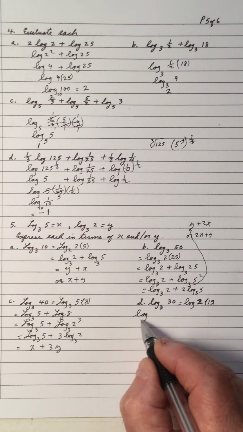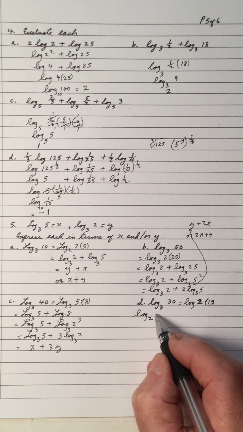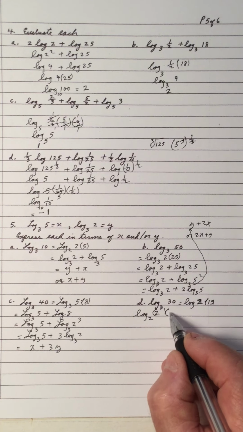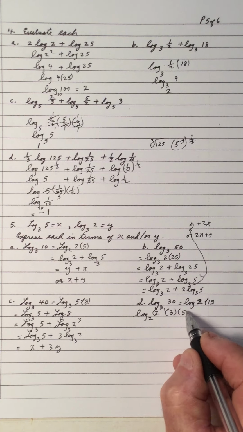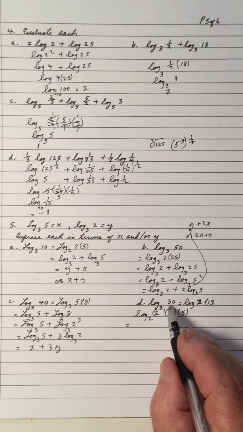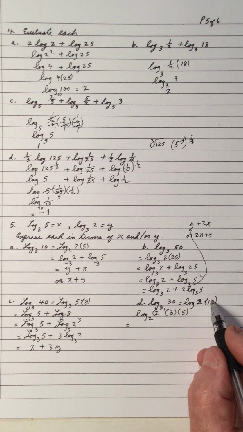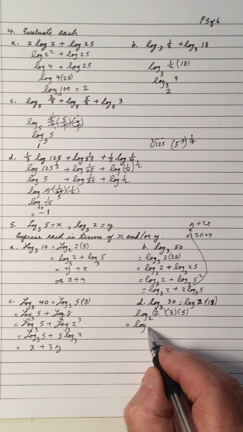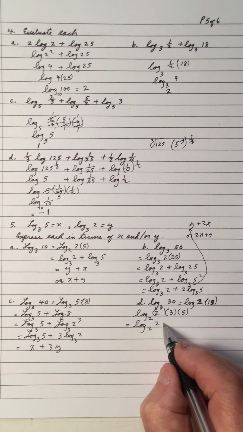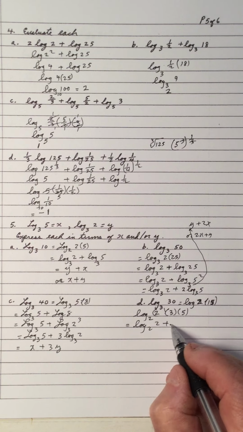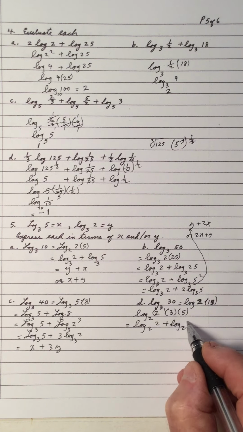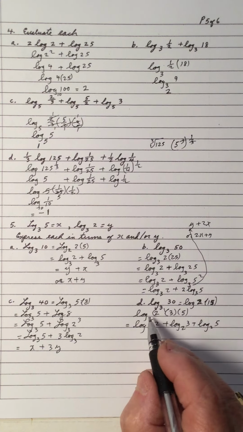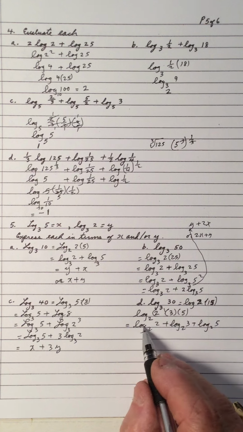So that's the log of 2 times 15. That's a 2 times 3 times 5. So we broke 30 down into 2 times 15, and 15 is 3 times 5. So that's the log of the product, and the product is the sum. So this is the log of the product, and this is the sum of the logs.